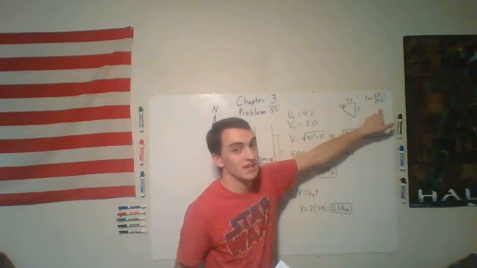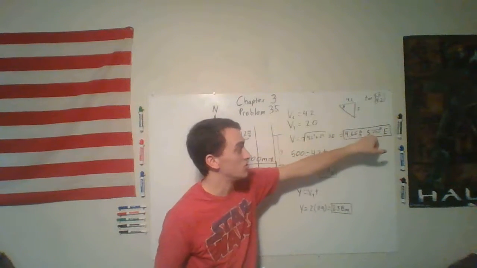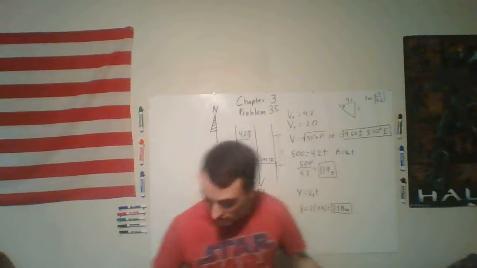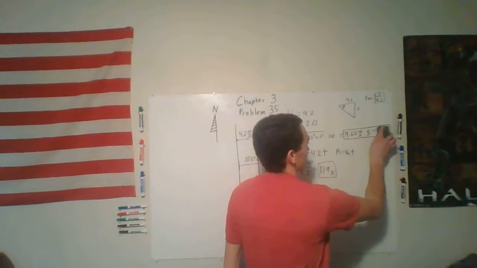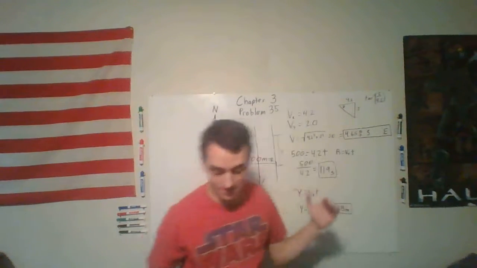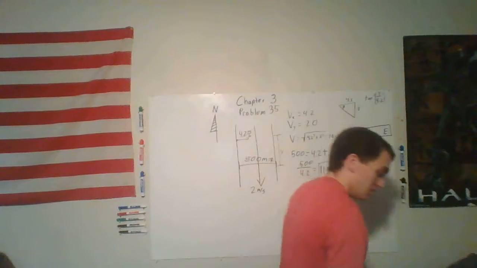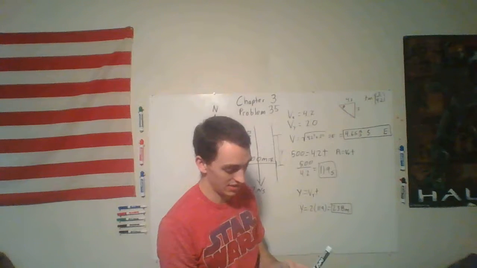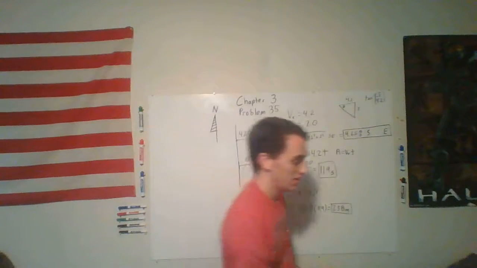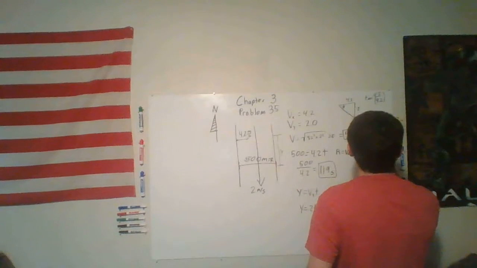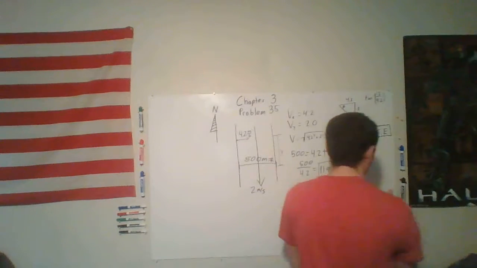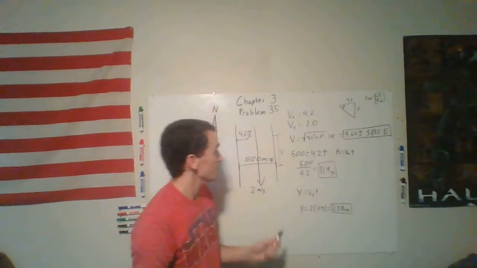So the inverse tangent of 2 over 4.2 is 25.5 degrees. That is going east, so many degrees to the south. So to get south degrees to the east, we take 90 minus 25.5. So we are traveling south 64.5 degrees to the east.